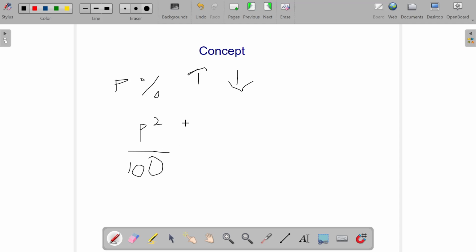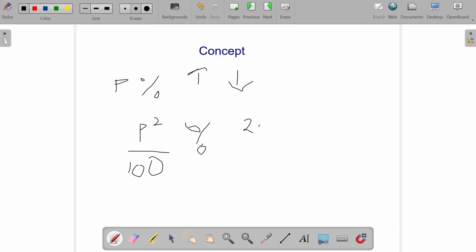So in our previous question, a number was increased by 20% and then decreased by 20%, and they asked the net change. Let's apply that formula. So p is 20 here.